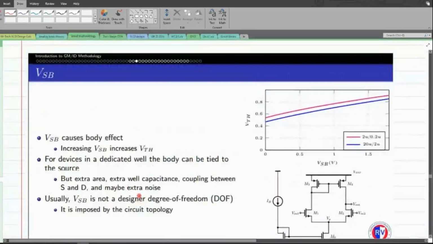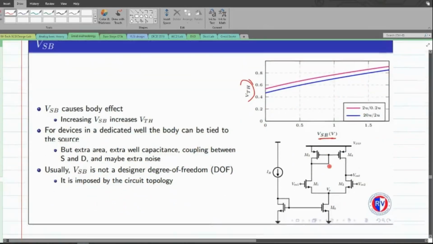Here is a graph that shows the variation of the threshold voltage with respect to VSB. There is also a circuit plotted here, which is a simple differential amplifier, and clearly there is a potential difference between the body of the M1 M2 transistors and the source terminal, because the source terminal of M1 and M2 is attached to a different potential than the body of M1 and M2. Generally this kind of structure is what we see in normal life.